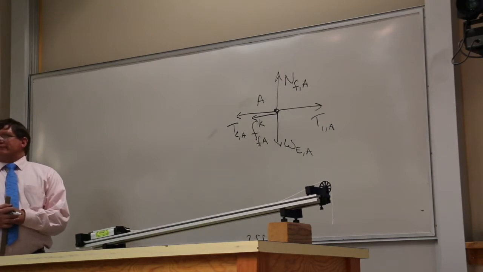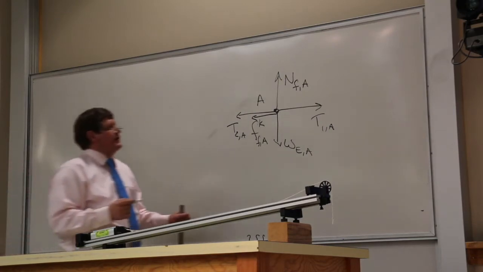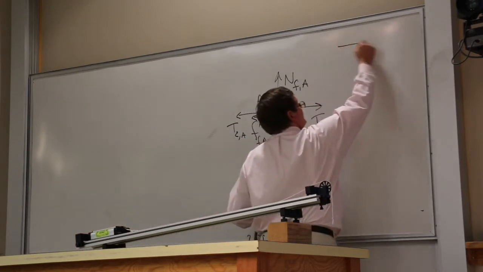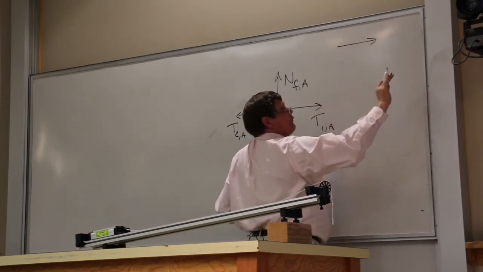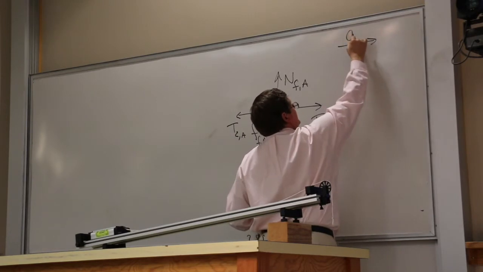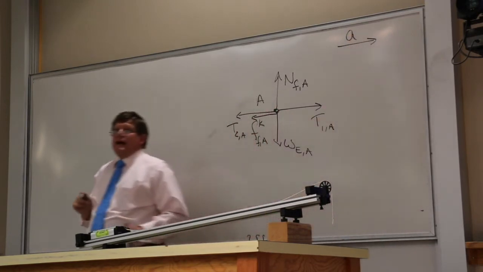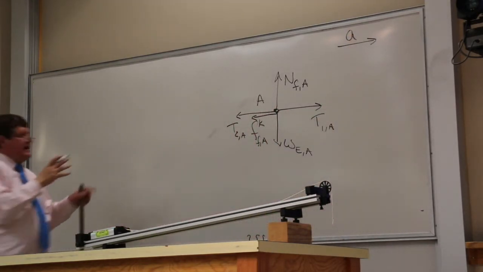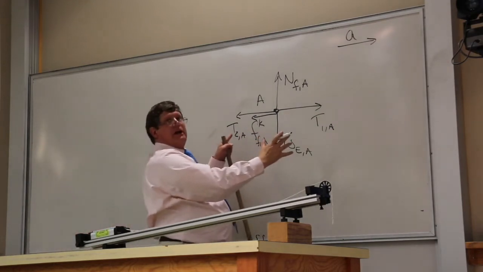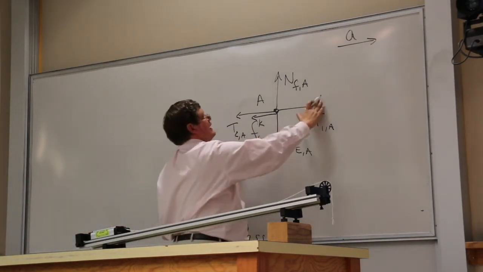Well, that's not helpful. It's not helpful until I use the fact that the books, both A and B, are speeding up to the right. So they have an acceleration to the right. That means this diagram that I just drew has to scream to the right.